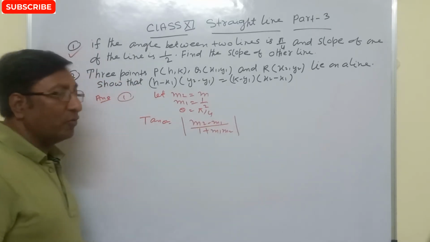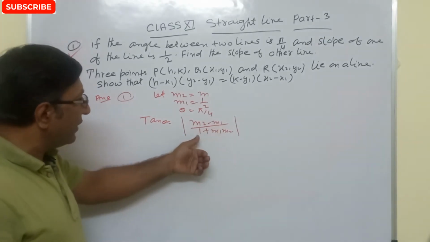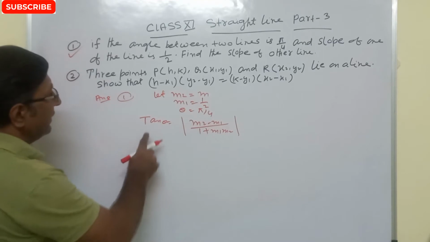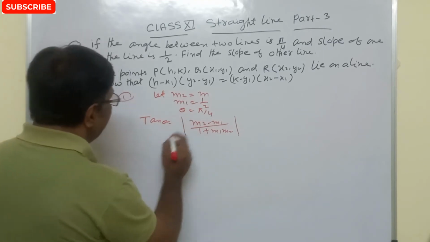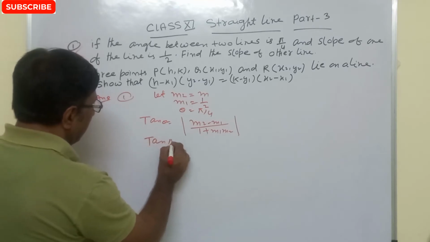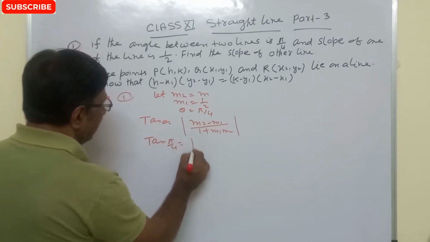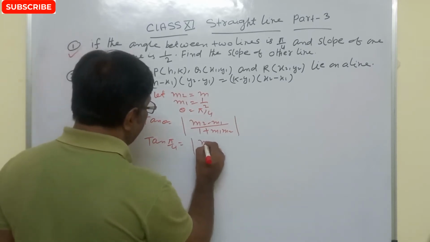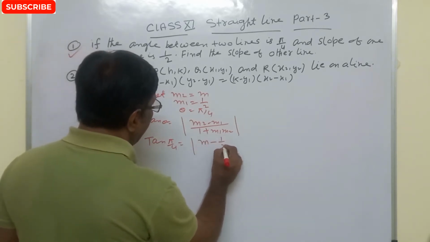Tan theta equal to (m2 minus m1) divided by (1 plus m1 m2)। So here tan theta value is given tan pi by 4, and this is equal to m2 minus m1, where m1 is given half, right?